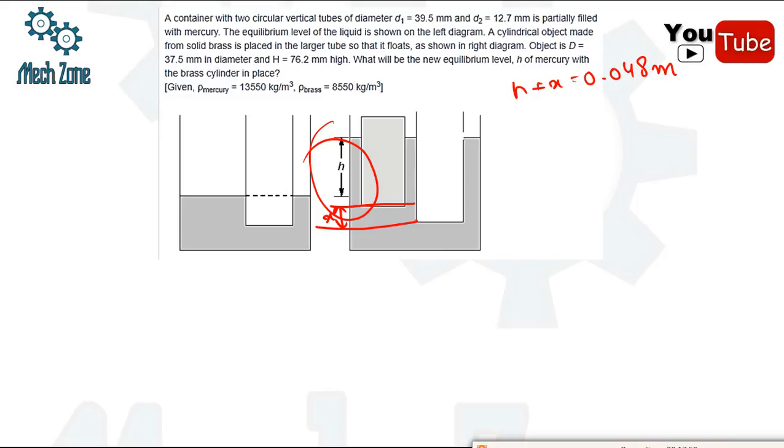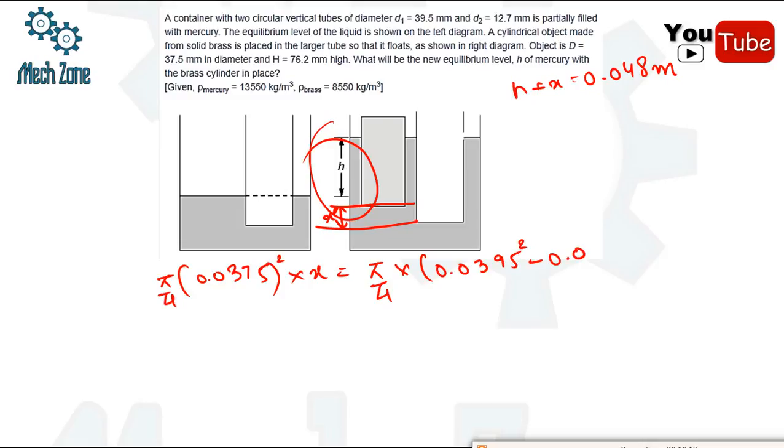Now this would be obtained as pi by 4 into 0.0375 square into height x initially, this would be equal to pi by 4 into 0.0395 square minus 0.0375 square multiplied by h plus pi by 4 into 0.0127 square multiplied by h.